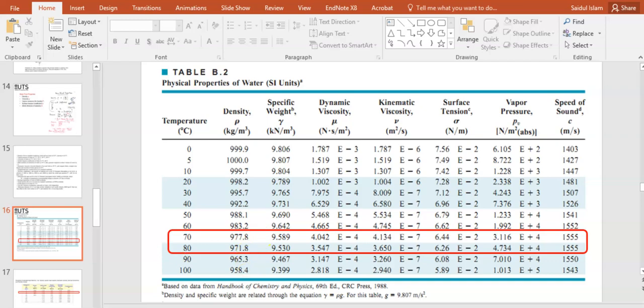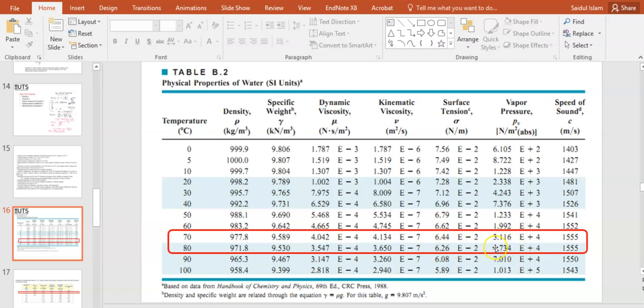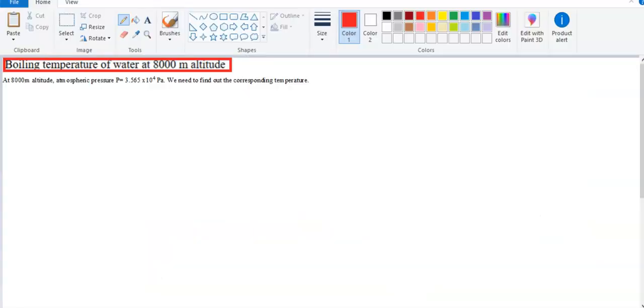For our case it is 3.565 × 10^4, and it is in between these two values. So now I'm going to use the value 3.116 for 70 and 4.734 for 80, and then we'll calculate. Let me write this down here.